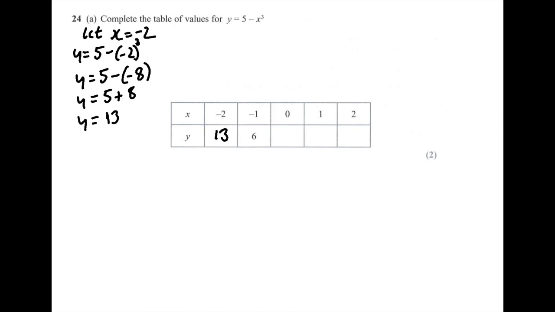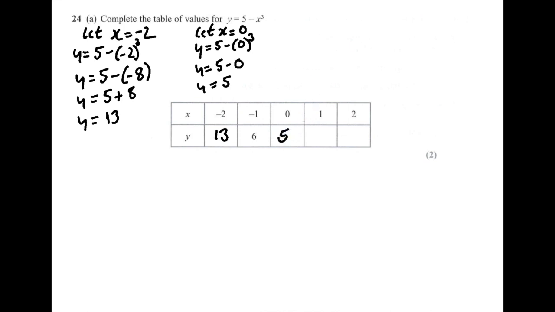Now I'm going to repeat the same process, but this time I'm going to let x equal 0. We have y equals 5 minus 0 cubed. Now 0 cubed is 0, so y is equal to 5 minus 0. Therefore, y is equal to 5. So we have our second point.